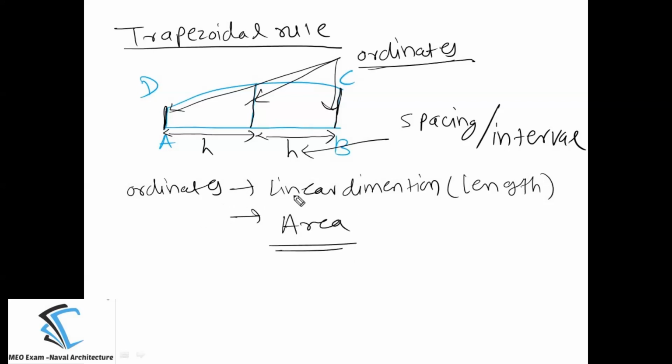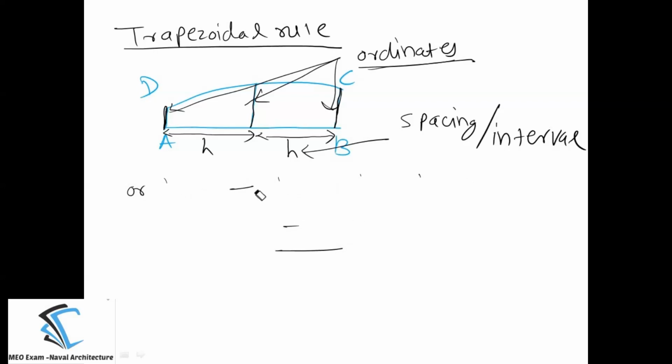Ordinate is a general word I am using here. You can understand easily one by one once we start discussing all the things. So how to calculate the area under this ABCD curve?